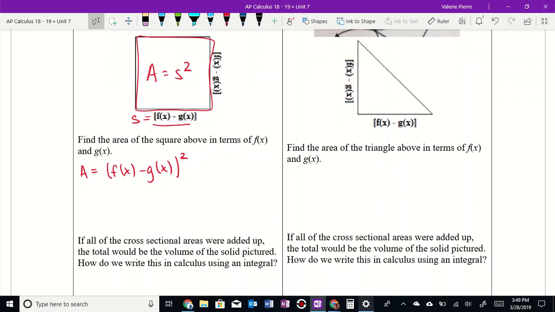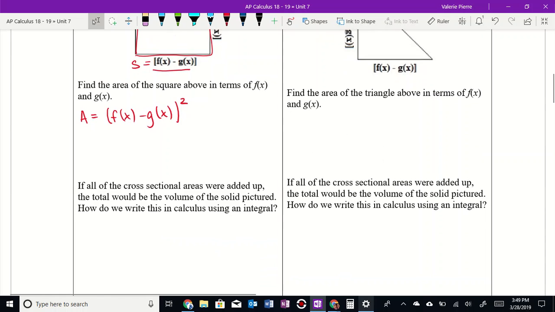So if we want to add up all the areas of these squares, because we're looking at a solid as a whole that has square cross sections, if all the cross-sectional areas are added up, the total would be the volume of the solid. So when we're adding up all of these areas to find the volume, that's when we bring in our integral sign.